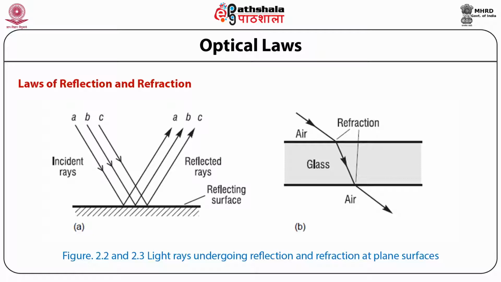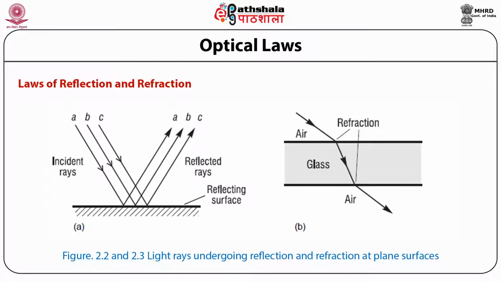This figure shows an ordinary kind of reflection at a plane surface, and the second part of the figure shows a refraction of light at two successive plane surfaces.